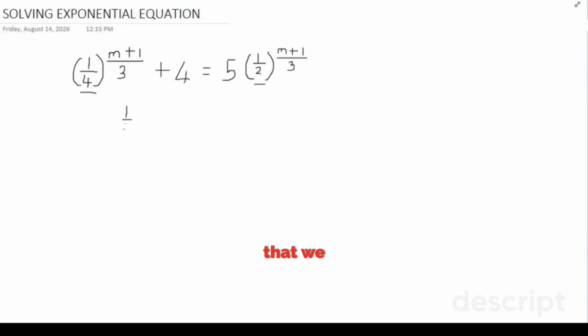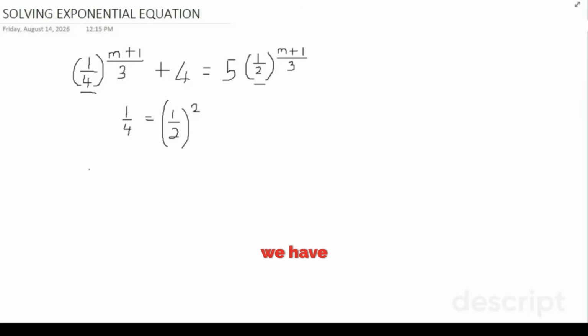We are trying to say that we can write 1 over 4 as 1 over 2, everything all squared. So now let's put this inside our exponential equation.